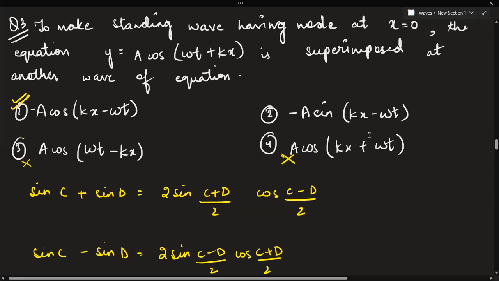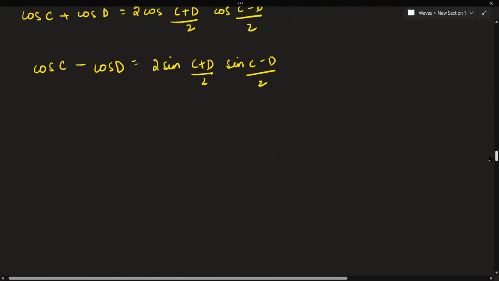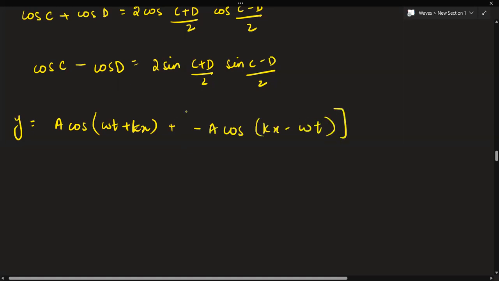Even if you try to prove it, if we superimpose both the equations, one equation was a cos(omega t plus kx). Now I'm adding the equation that I've chosen, the first answer, minus a cos(kx minus omega t).